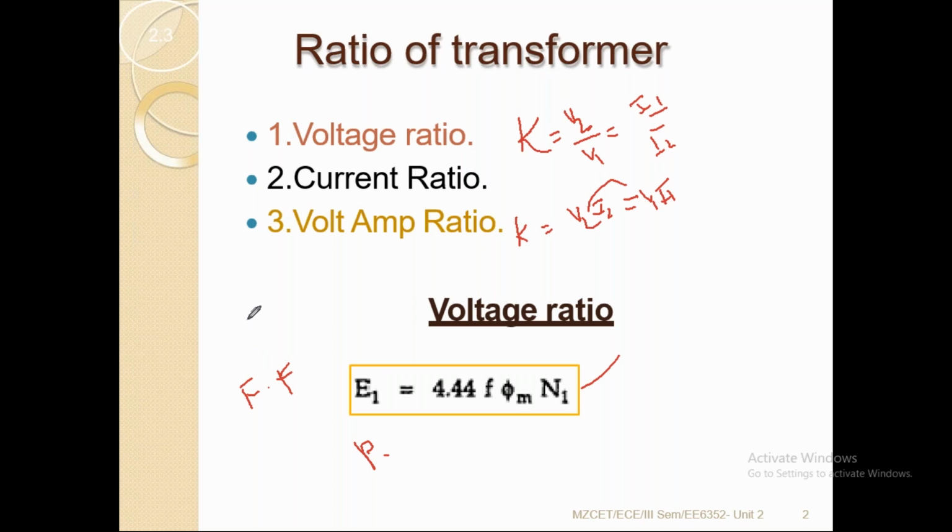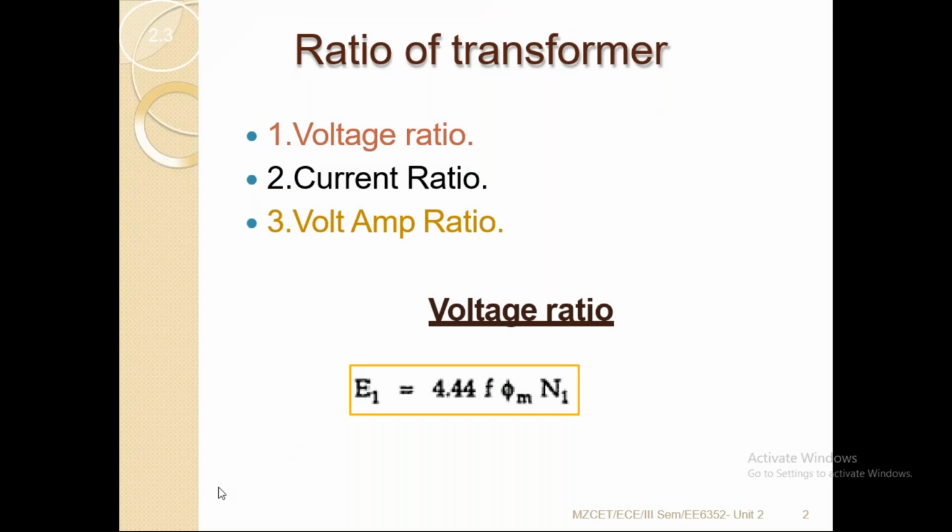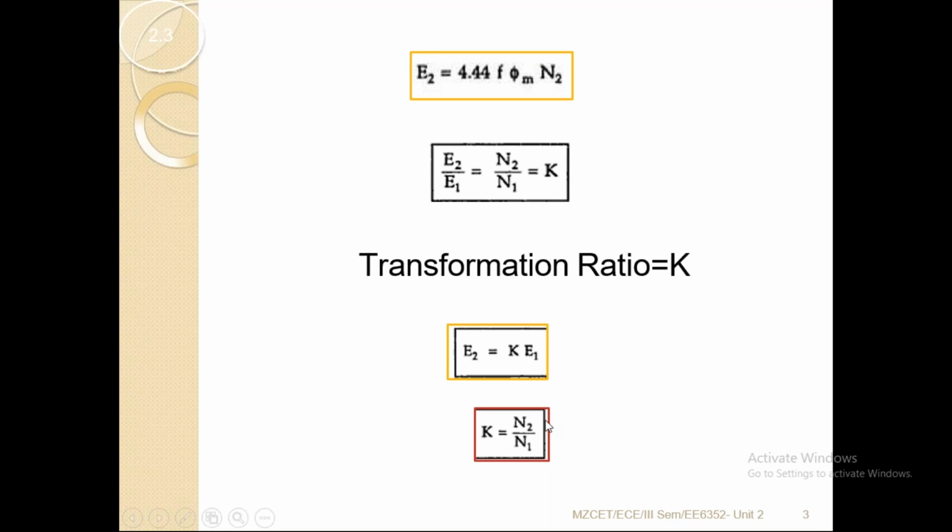It is the ratio of the RMS value divided by the average value, and its value is 1.11. This is the standard formula for form factor. Now we will see how we can represent the equations. So this is the transformation ratio represented in terms of induced EMF and number of turns.